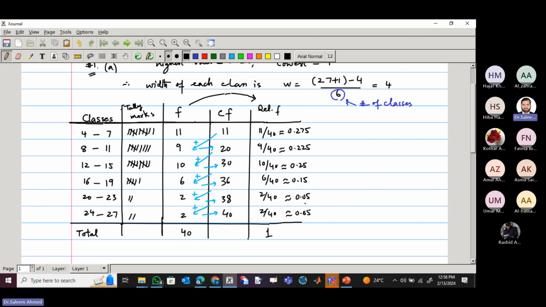So if you add them, it should be 0.5, 0.75, 0.9, 0.95, and 1. Okay, so exactly 1. The sum is exactly 1.